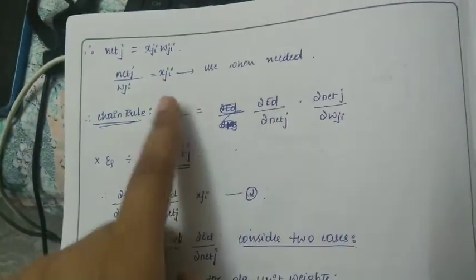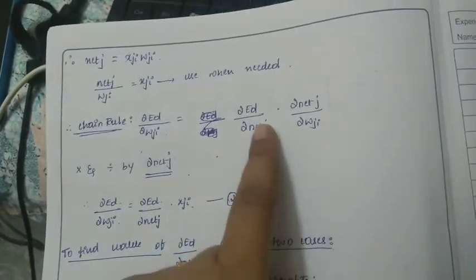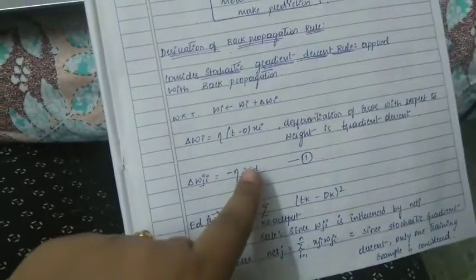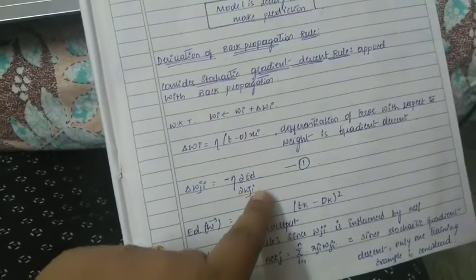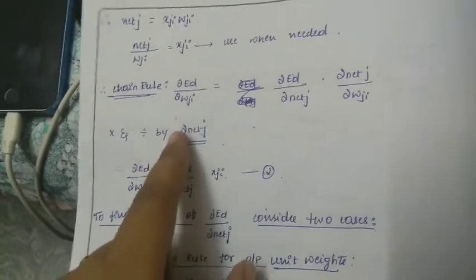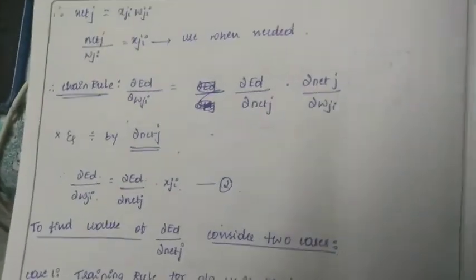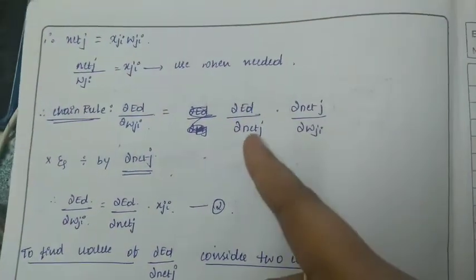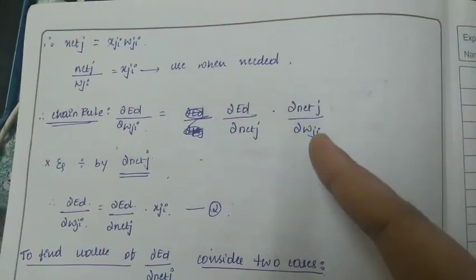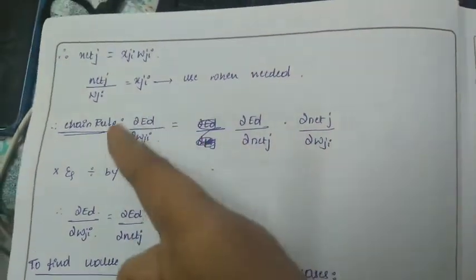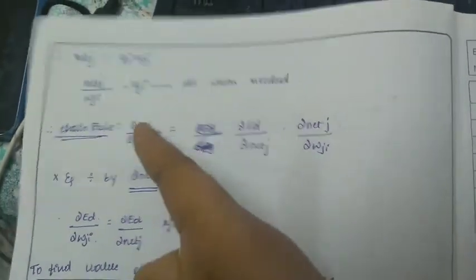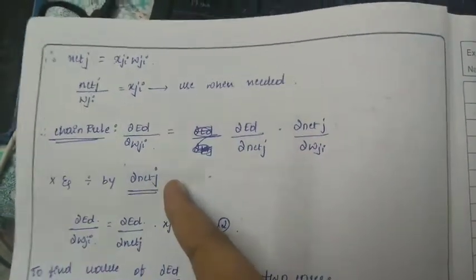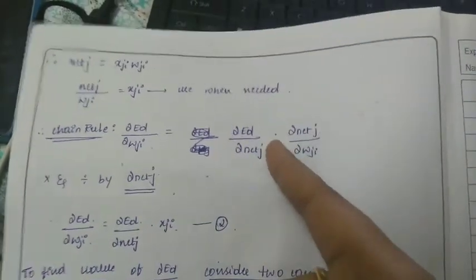So when we apply the chain rule, we multiply and divide the differentiation of E_d with respect to w_ji by the differentiation of net_j. So that is done here: dou E_d by dou net_j, times dou net_j by dou w_ji. I have just multiplied and divided with the differentiation of net_j.